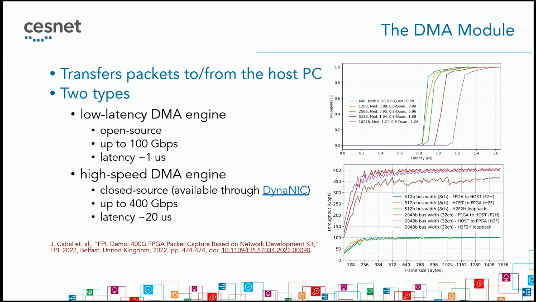The other one is the DMA engine built for high processing speed, and this one is closed source, available through our partner Dynamic, and it is able to transfer packets back and forth at 400 gigabits per second. Of course, the latency is much worse.